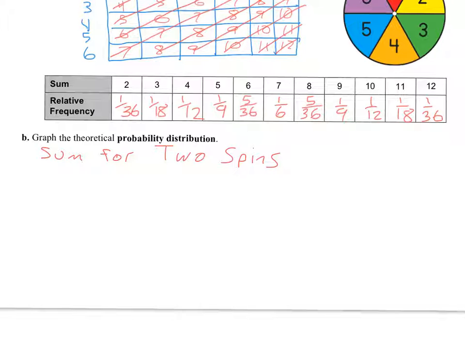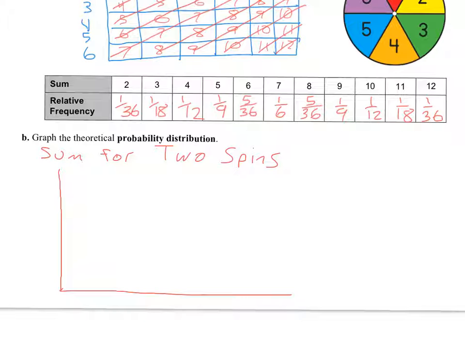Okay, so on my y-axis is going to be the probabilities. And on my x-axis is going to be the different sums that are possible.